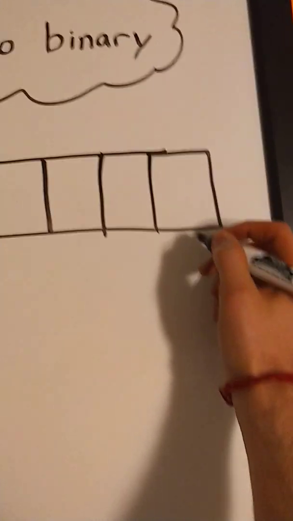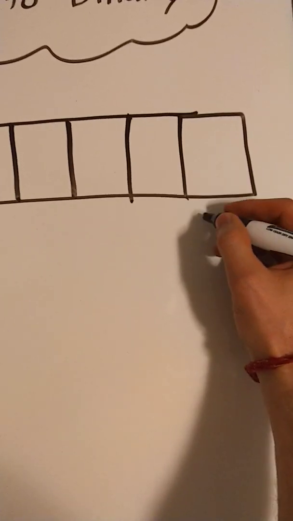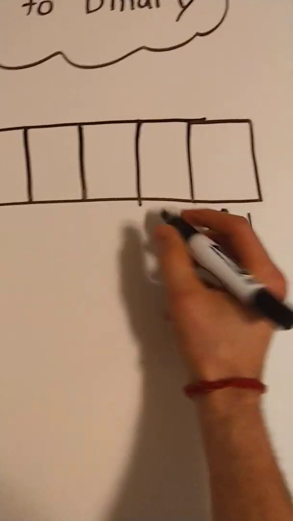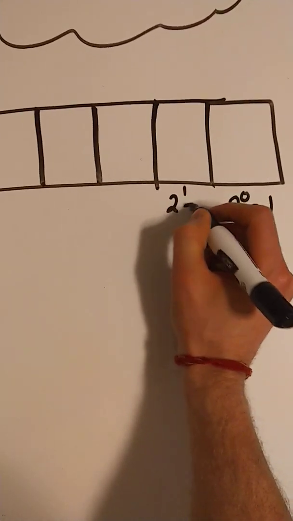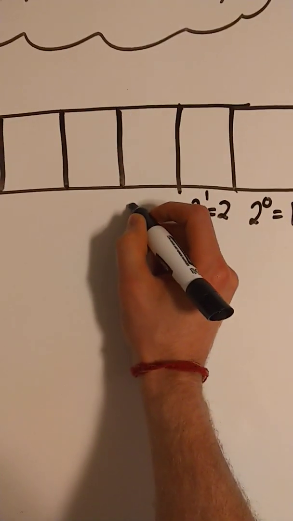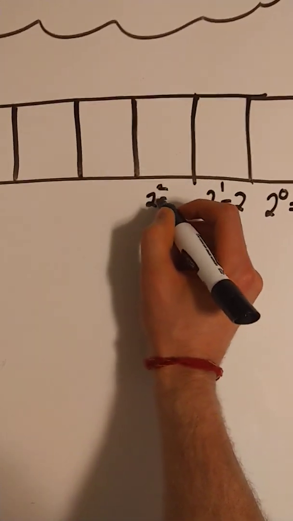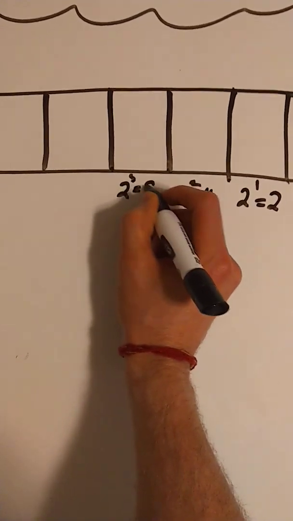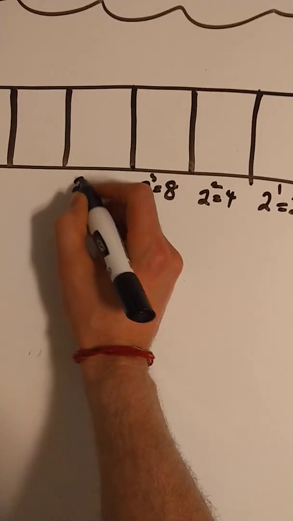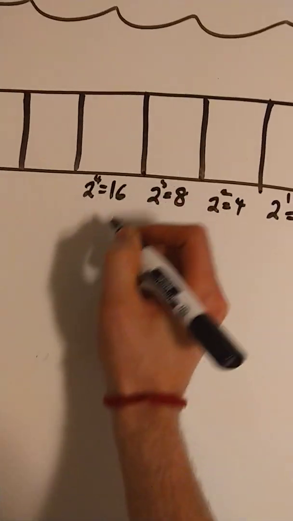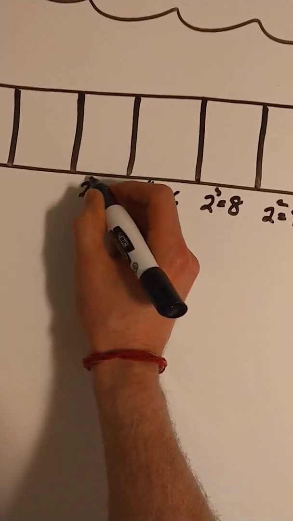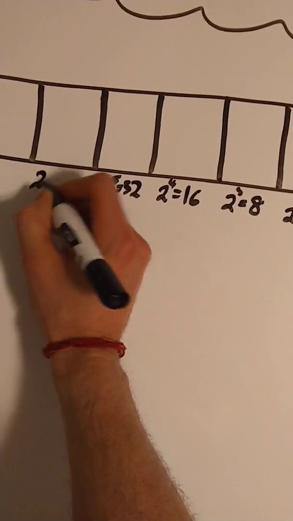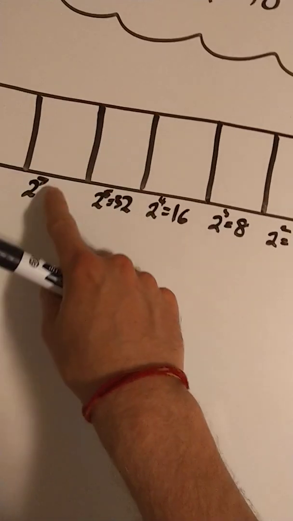Starting on our right side, this is going to be our 2 to the 0 box, which is 1. This is the 2 to the 1 box, which is 2. This is our 2 to the 2 box, which is 4. 2 to the 3, which is 8. 2 to the 4, which is 16. 2 to the 5, which equals 32. 2 to the 6, sorry, that's a 7.